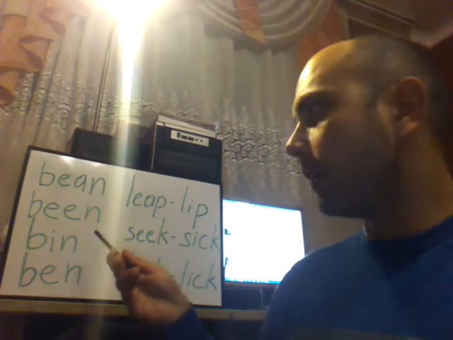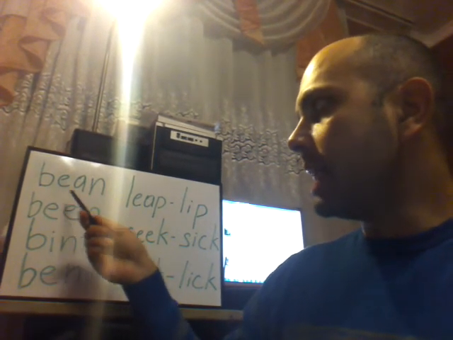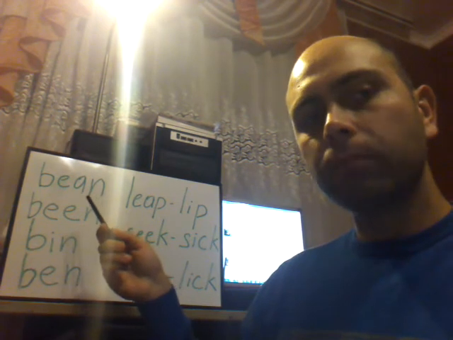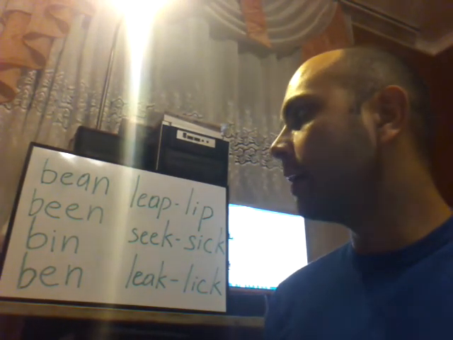And especially this pair of contrasting vowel sounds is seen in these words on the left here. So the word on top here, bean, is pronounced mostly the same in all English speaking areas with the E sound. It's a long E sound, bean.